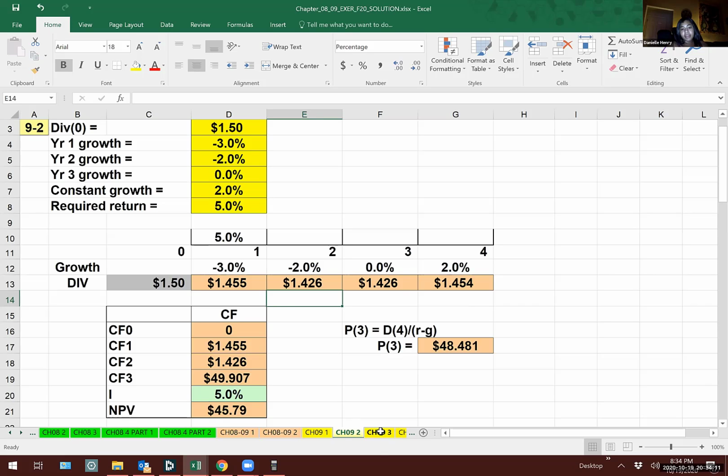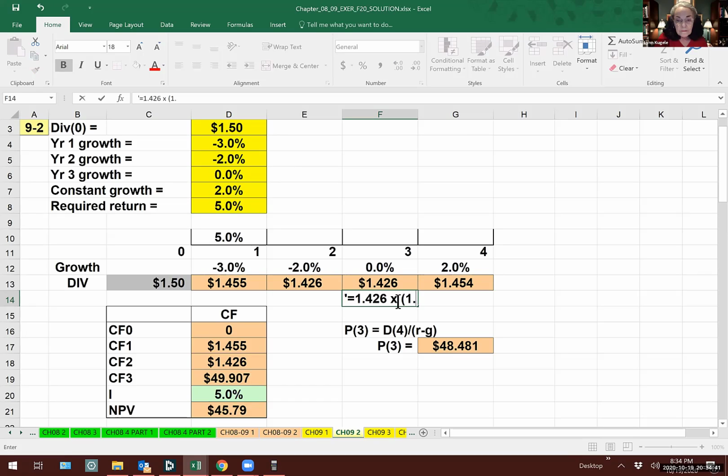And then the next one would be 1.426 times, if that was consistent, 1 plus the negative 0.02. Yeah, and that would be it. And then it grows: 1.426 times 1.02, right? Exactly.